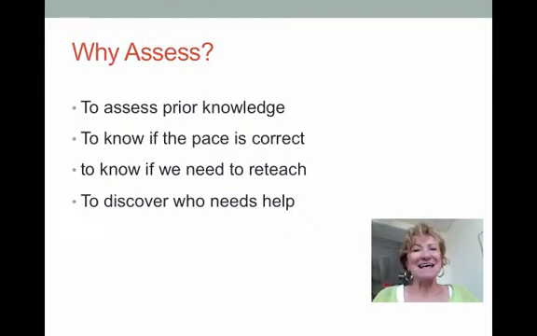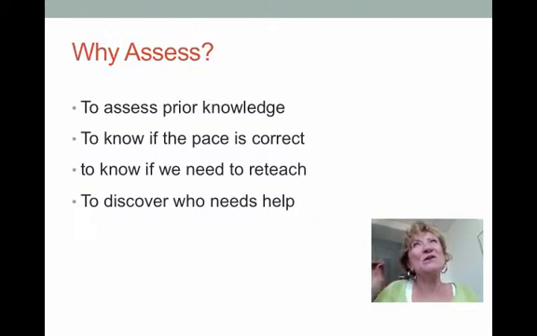So when we think assessment, why do we assess? First of all, we assess to find out students' prior knowledge. How much do they already know? This is important for two reasons. First of all, it helps us know where to start. We don't want to be teaching things they already know, and we don't want to be teaching so far ahead of them that they can't understand it.